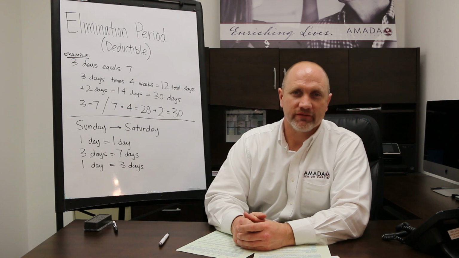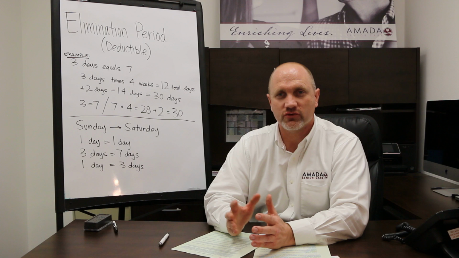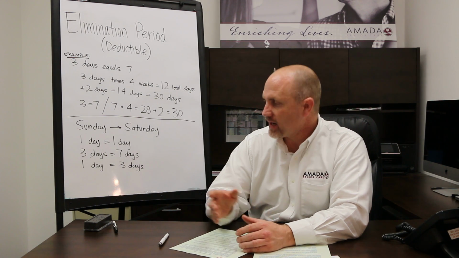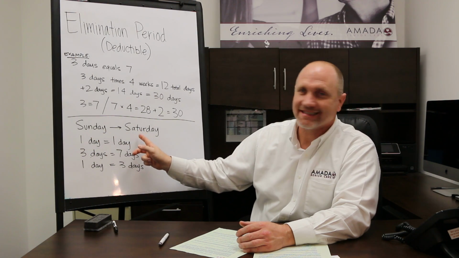The other way that they may have to have their elimination period filled is for every 3 days of service that they will count, they will count 7 days towards the elimination period. So down here you can see the days usually start on a Sunday and they end on a Saturday.